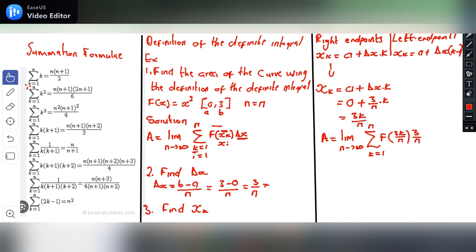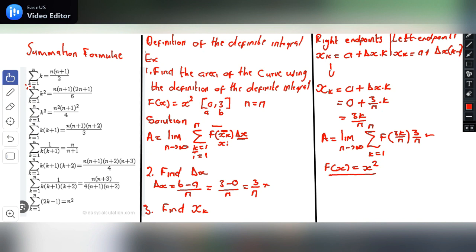Now that's where we are going to use our formula. Which formula? This function f of x equals x squared. So after writing this step here, you need to write down the function that you're given. How is it going to help us?